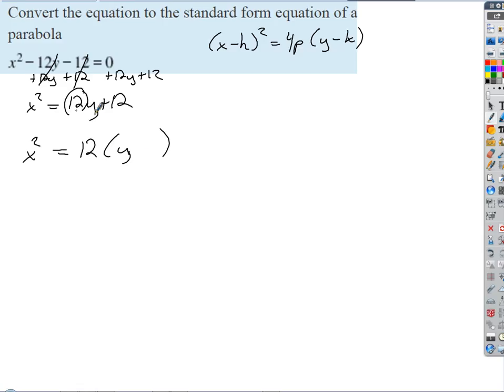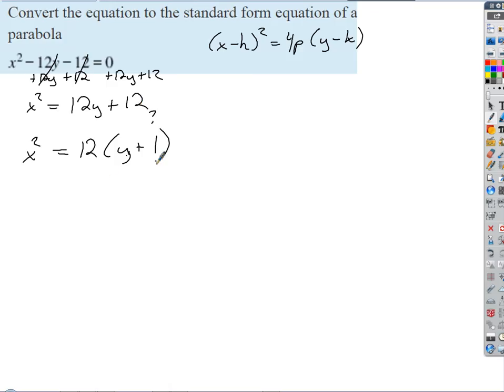For me to get 12y plus 12, when I distribute the 12 through, 12 times y is 12y, and 12 times what is going to give me positive 12? 12 times 1.